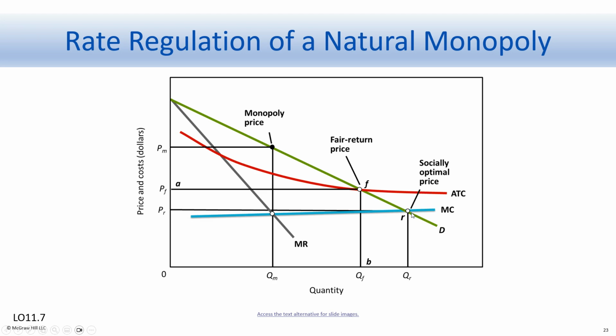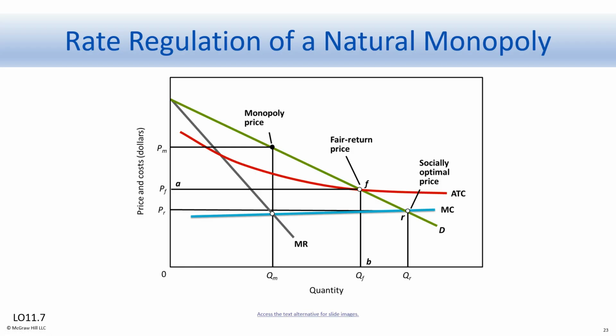All right. Now that says then that the socially optimal price, which is where price equals marginal cost, that is to say where the demand curve intersects the marginal cost curve, is below the average total cost curve. You see this point R is below the red curve.